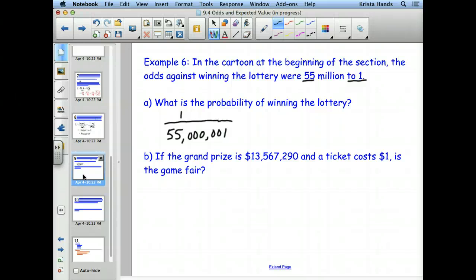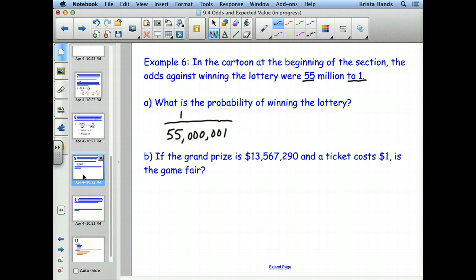B says if the grand prize is $13,567,290 and the ticket costs $1, is the game fair? All right, so does anybody remember what fair meant when we did this before? It means the expected value is 0. So the expected value of the event being 0 means the game is fair.